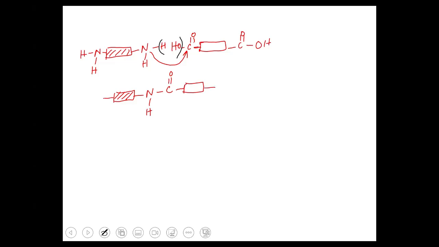Now considering the same rule of polyesters, polyesters were left with a hydroxyl group left with oxygen. So here the amine group is also left with hydrogen and nothing is there on this side because H is gone.